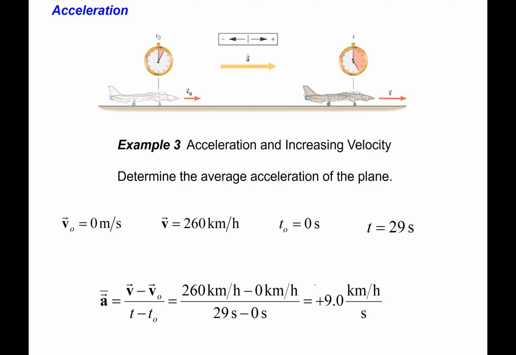Now, in this case, you notice that we have mixed units. Sometimes when we're discussing objects like a moving airplane or a moving car, it can be given in units of kilometers per hour per second. However, the SI unit for acceleration is meters per second squared.